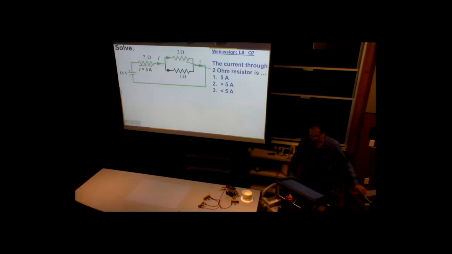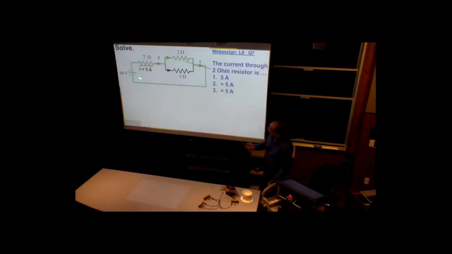Please answer this question. You see, today you're answering a record number of questions. I think I may have one more. What do you say? The current traveling through the first resistor is equal to 5 amps. How do I know?